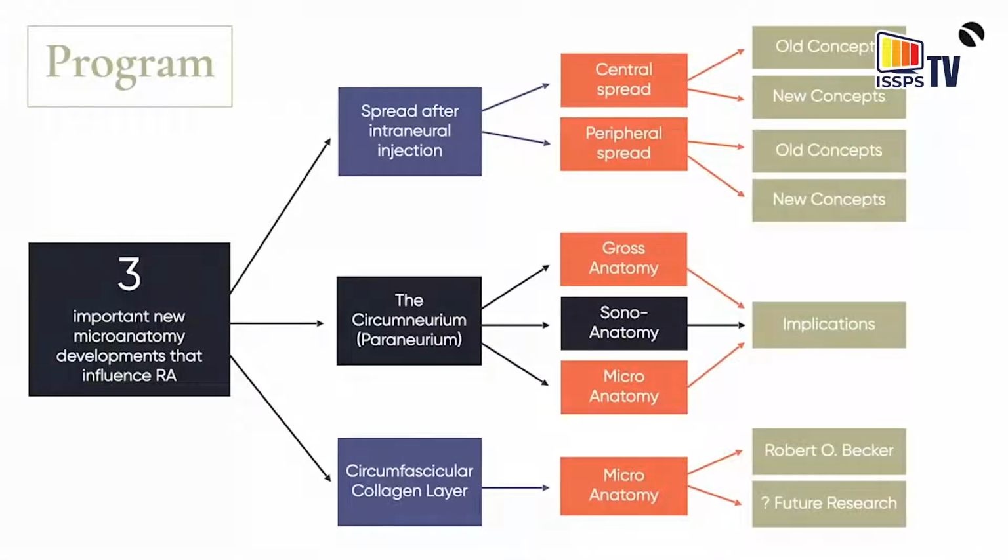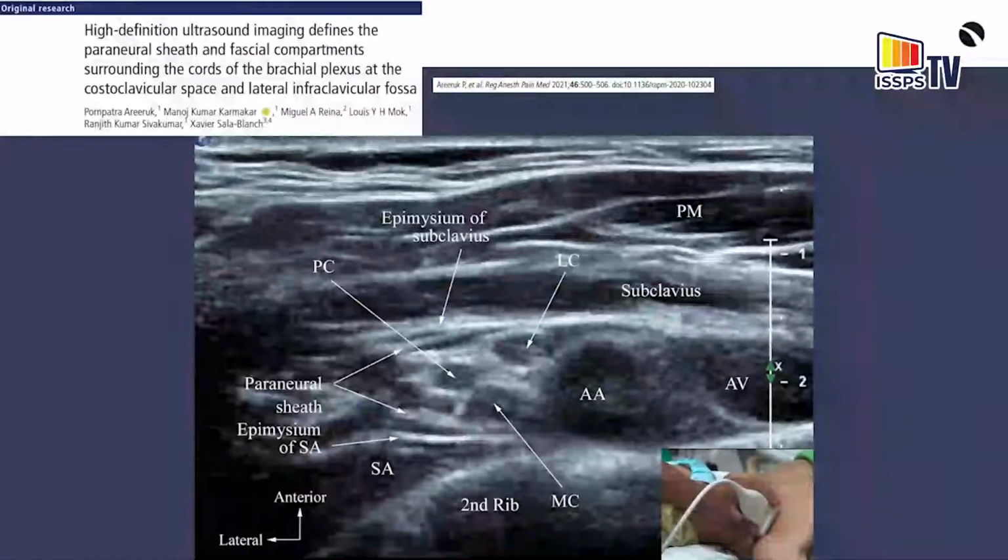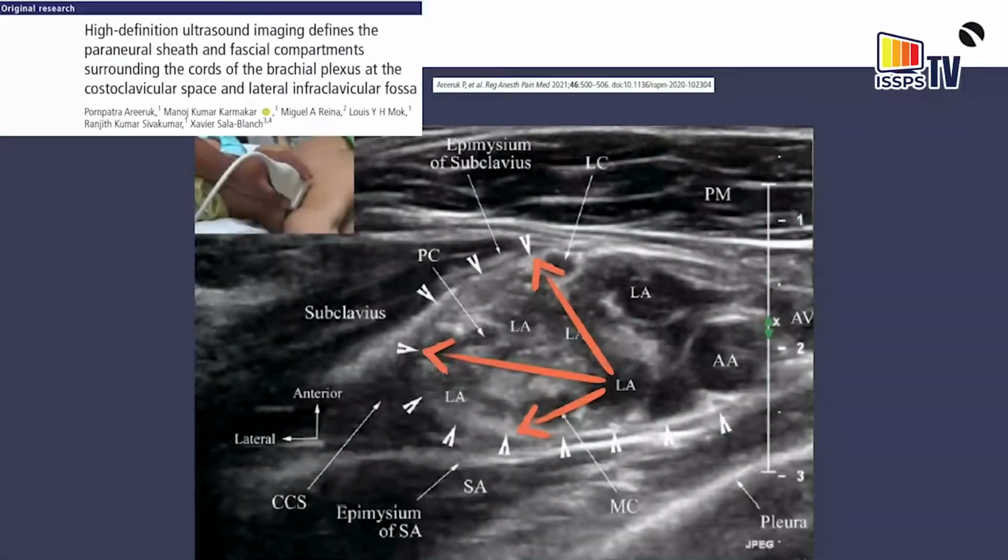The excellent work of Manoj Karmakar and his team was quick to identify this membrane with high-definition ultrasound. First, in the sciatic nerve, as shown here, and then later in the brachial plexus, and shown by the arrowheads in this ultrasound image.